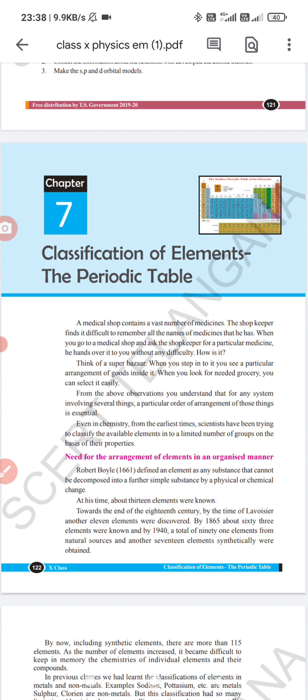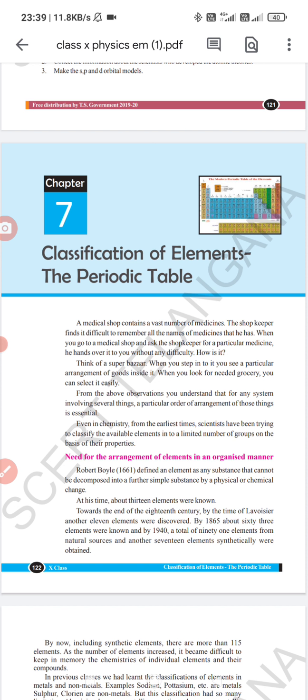At his time, about 13 elements were known. As I said, around 118 elements approximately are present. In the time of Robert Boyle in 1661, just 13 elements were known.